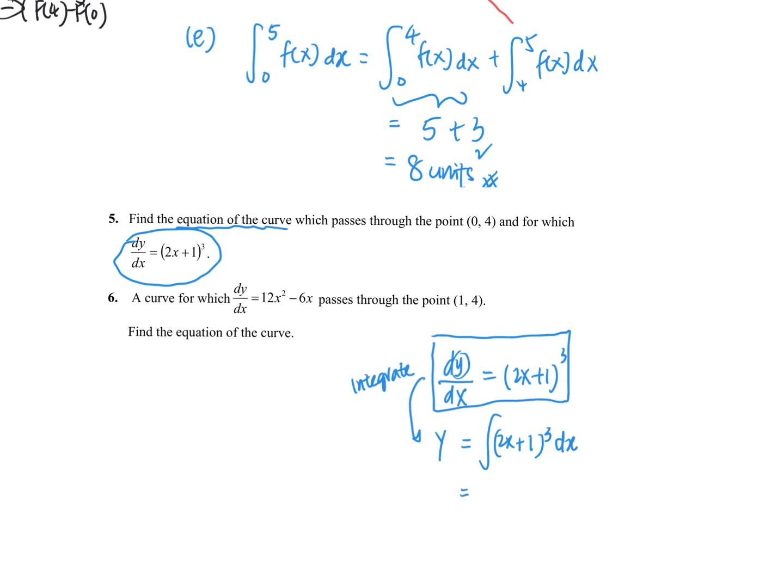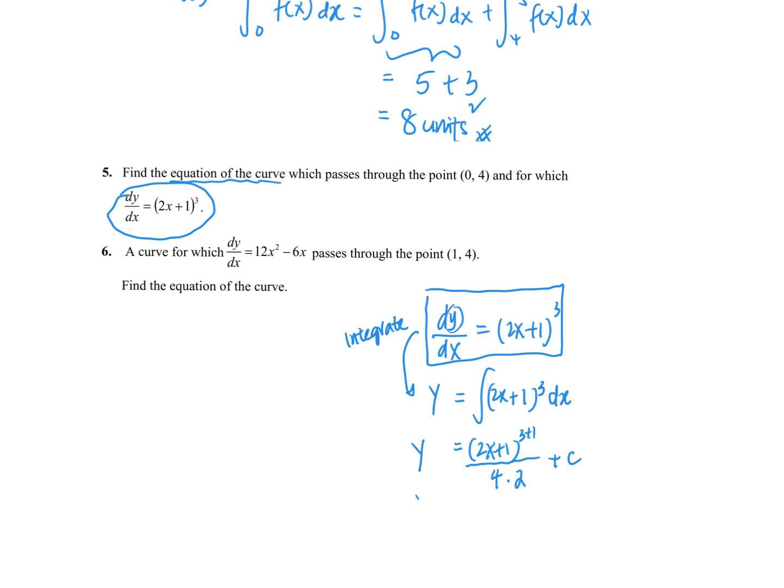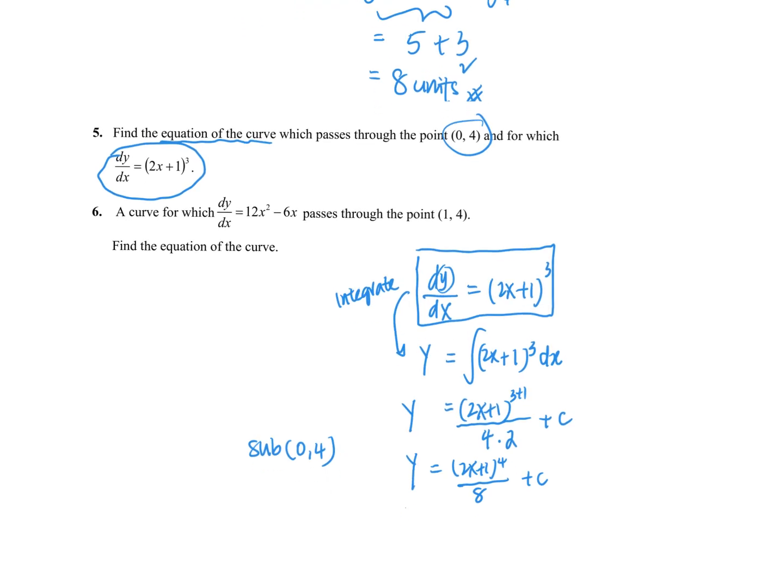This is add 1 to the power, divide by new power, then divide by 2. Add a plus c. So this is your equation. That's it. But you need to solve for the c. They tell you it passes through this point. So sub x as 0, sub y as 4.